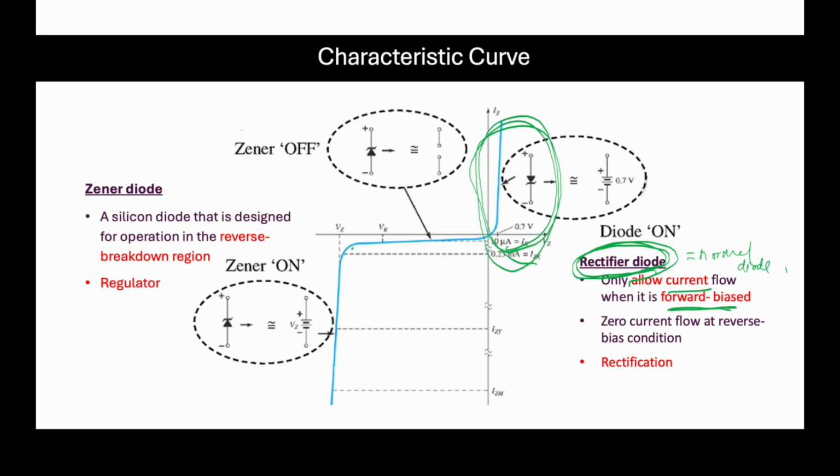Before the breakdown, before VZ, the diode is off. However, when the configuration is reverse bias, the Zener diode starts to turn on, and it starts to work as a voltage regulator.